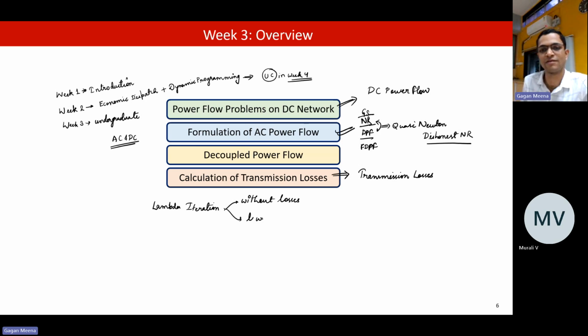With losses, this will include that penalty factor.